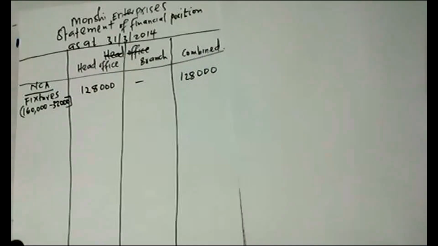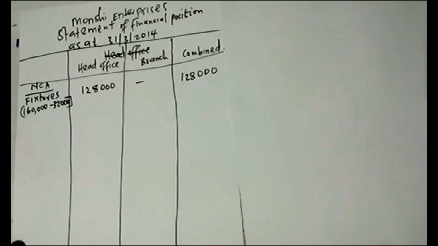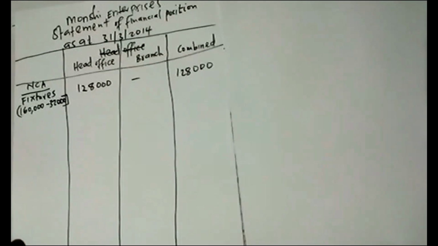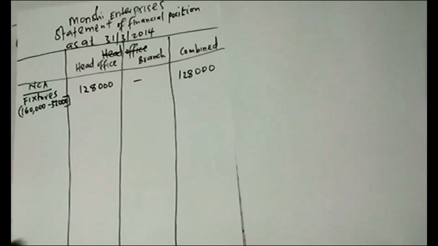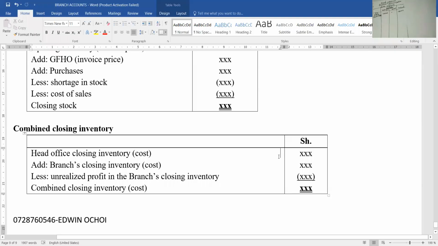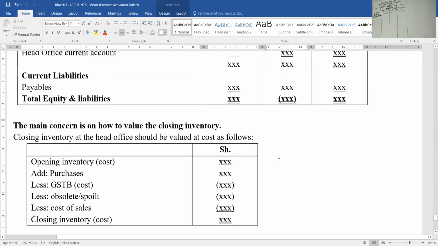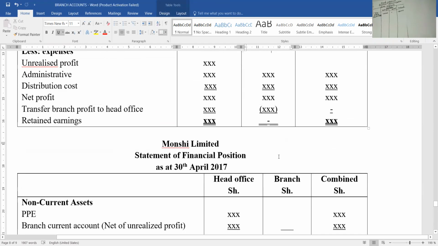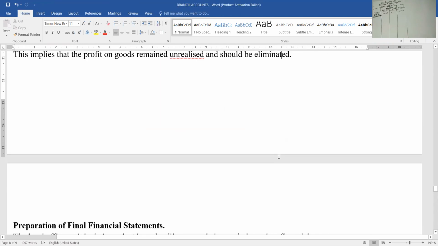So the total there. After that, we said it's something concerning the current accounts which are prepared by the head office and the branch. We talked about the current accounts. So this is the relevant notes.